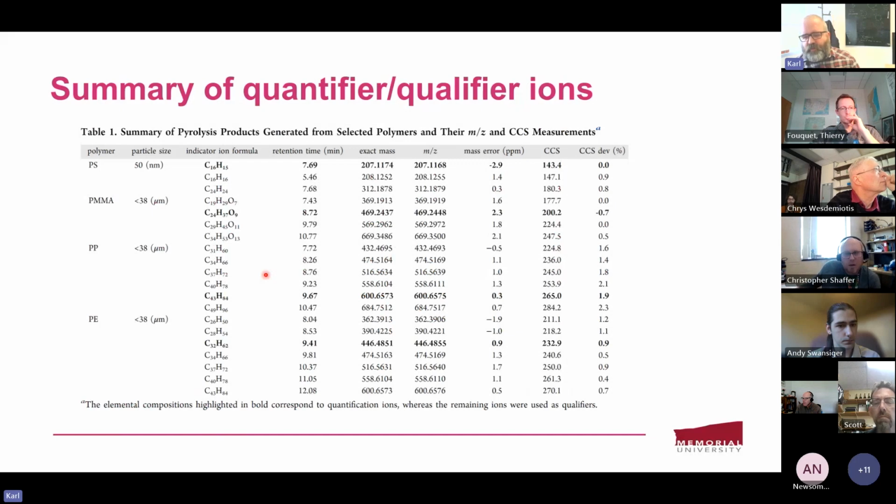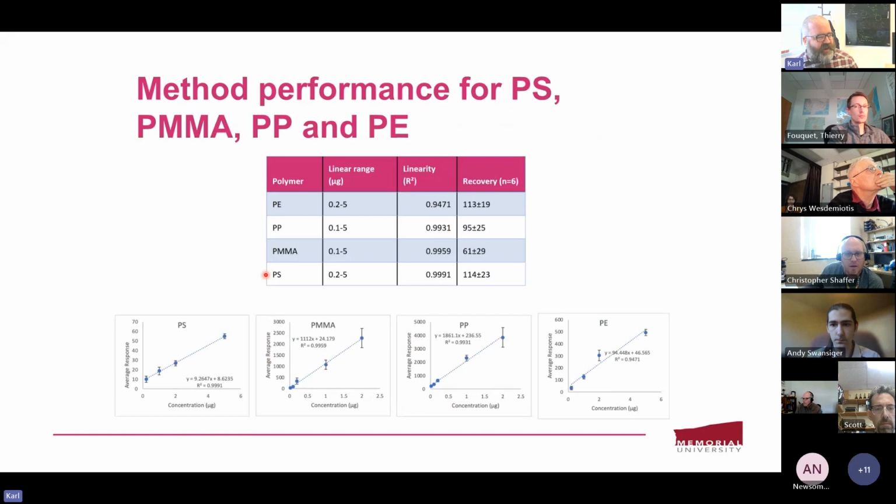I think that's going to be more important as we tackle biological samples, where lipids and things like that can potentially degrade into the same products. But to answer your question, yes, it's selected ion chromatograms of a few of the pyrolysis decomposition products, and then we're doing external calibration. We have purchased isotopically labeled polymers, but we haven't actually done anything with them.